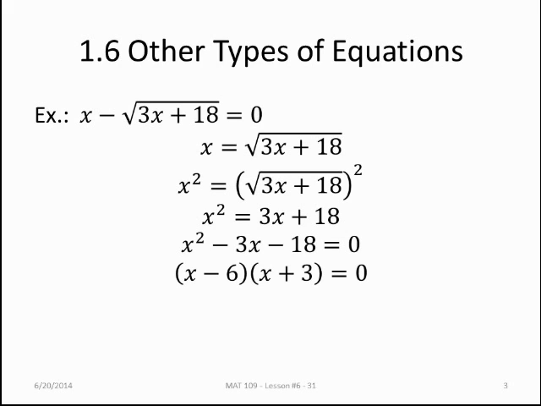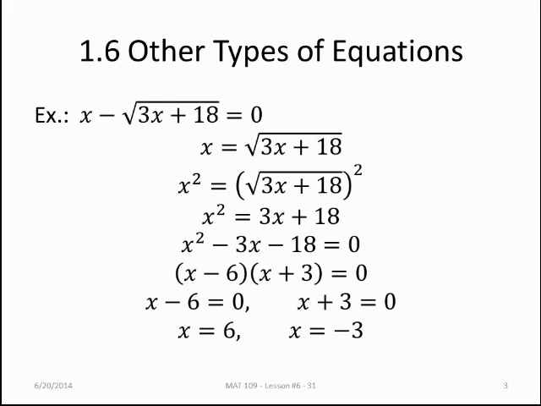This one actually factors, so I factored it to solve it. Two numbers that multiply together to give minus 18 and add to give minus 3 are minus 6 and plus 3. Now I set each factor that contains a variable equal to 0, solve those two equations, and I get two answers. x equals plus 6, x equals minus 3.